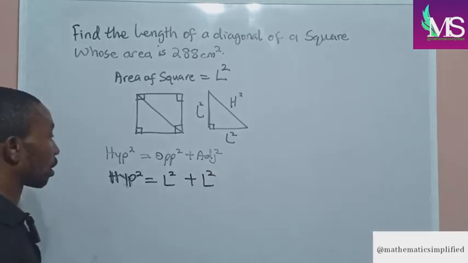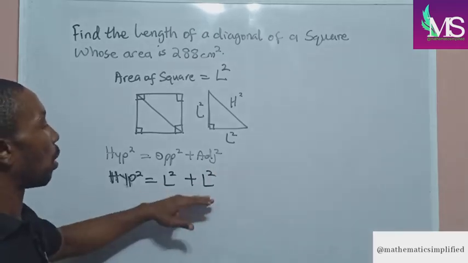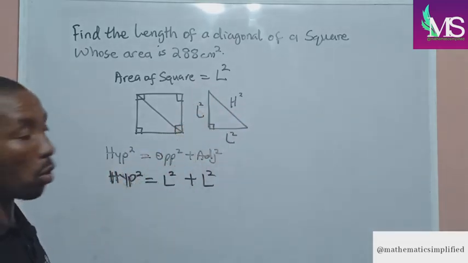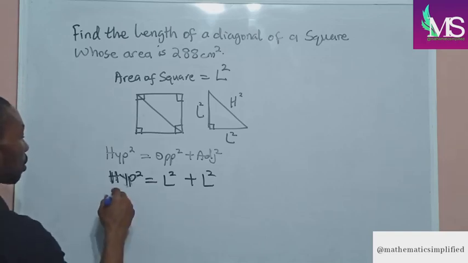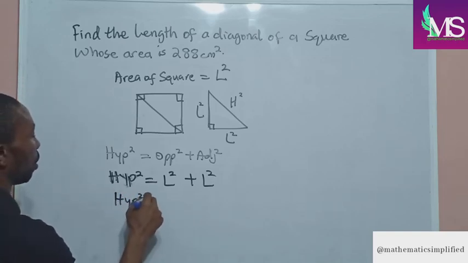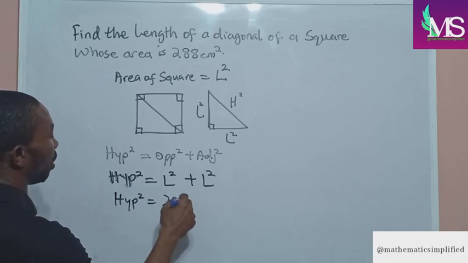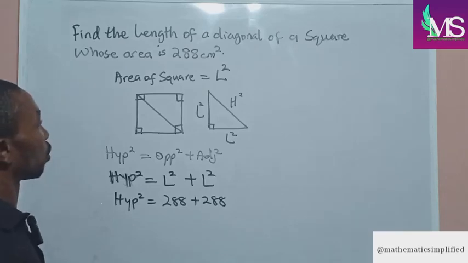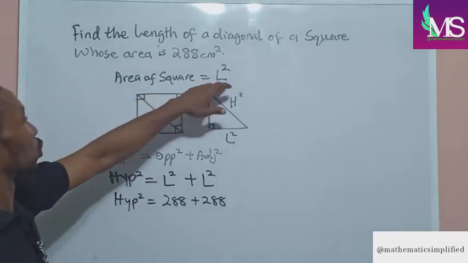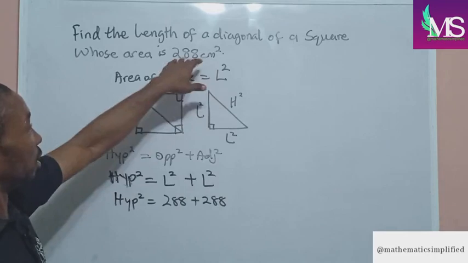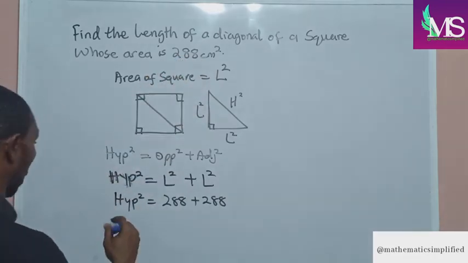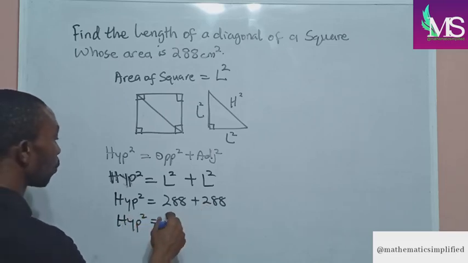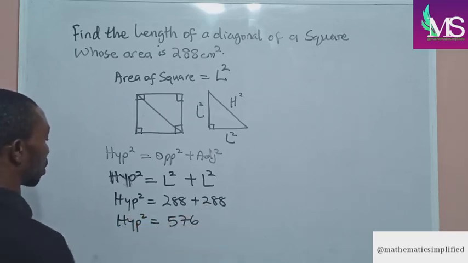Now why is it both L squared? Because our square has all its sides equal. So this becomes hypotenuse squared equals 288 plus 288, since we already know that the area of the square, which is L squared, is 288. So our hypotenuse squared equals 576.